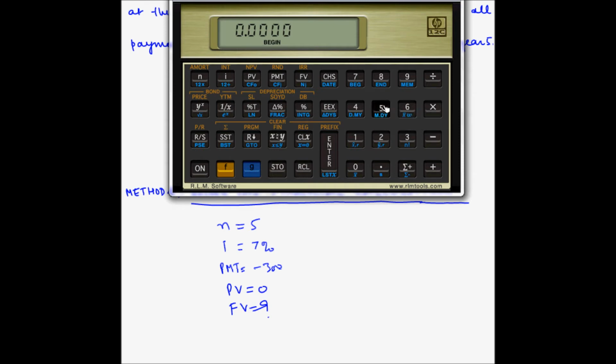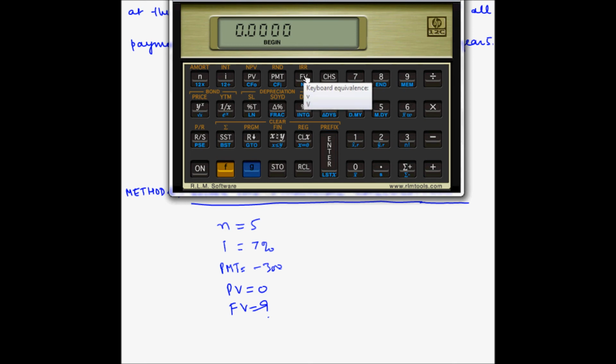So 5, and this is the value of n, then 7, and this is the value of I, 300, change the sign, and this is the value of payments, 0, which is the value of present value, and now we have to find the future value.